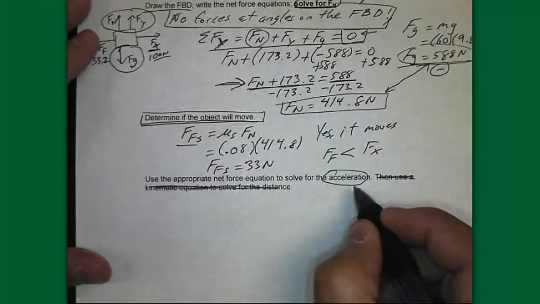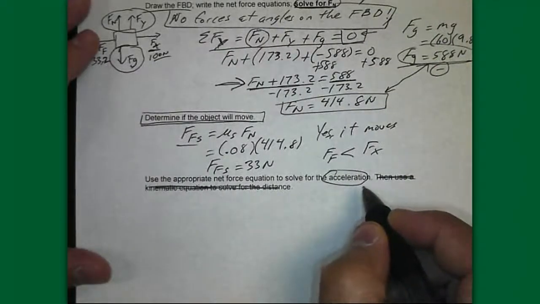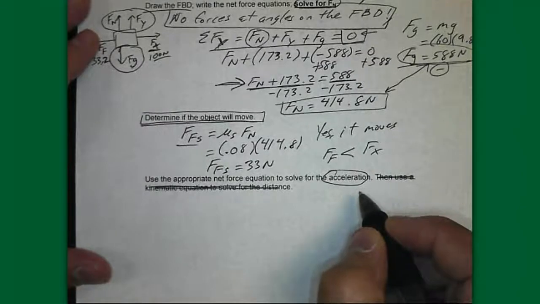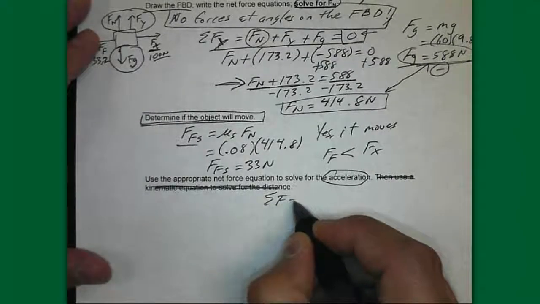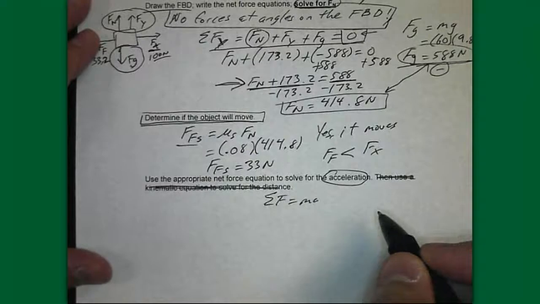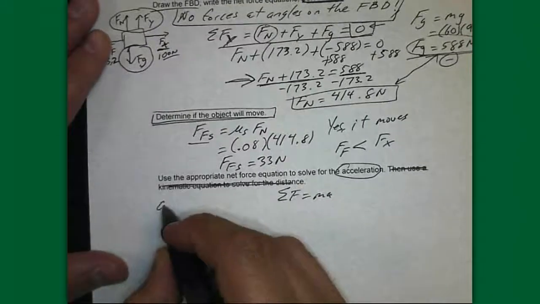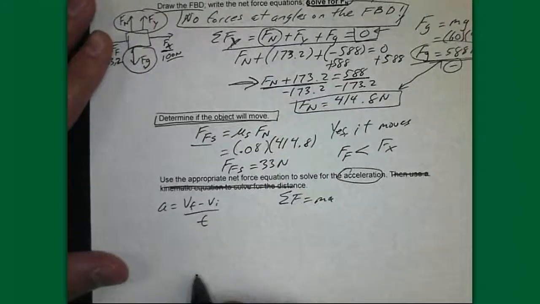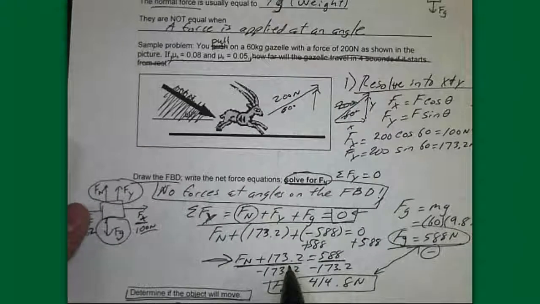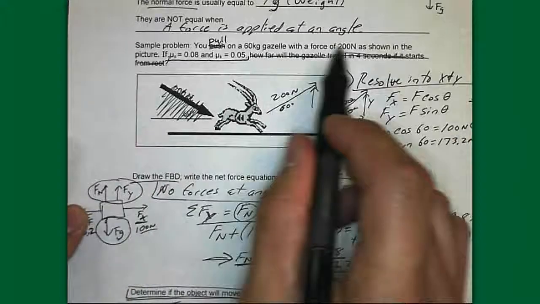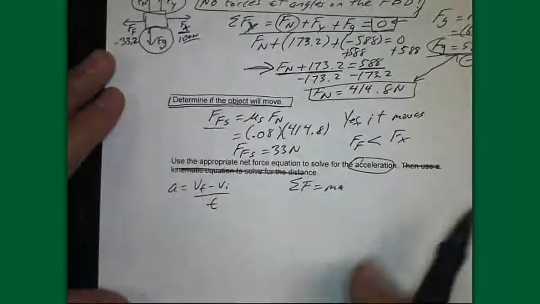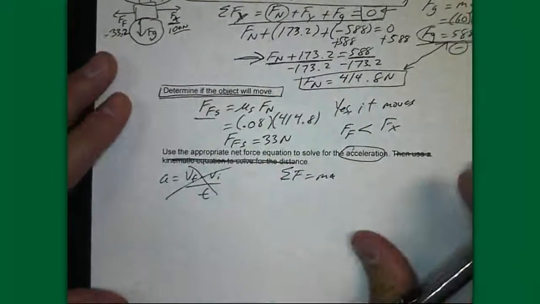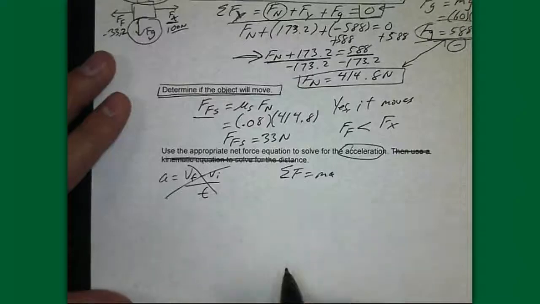If you have acceleration, or if they ask you for acceleration, you'll probably be using this sigma F equals ma equation. Now, you might also be thinking, well, acceleration is final velocity minus initial velocity divided by time, which is true. The only problem is they didn't give us any velocities here. So I can't use this equation. Sigma F equals ma is what we're going to go with.